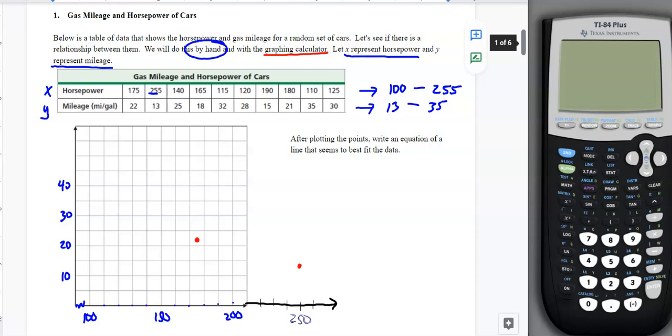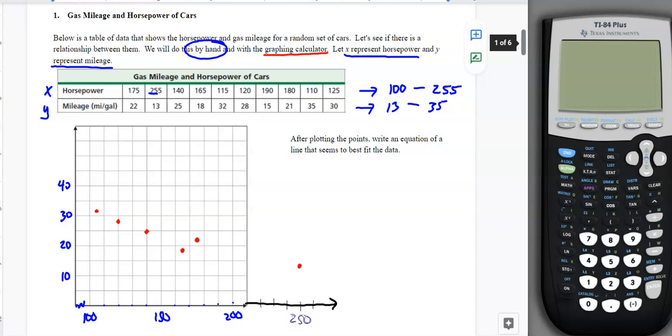So that might be around in here somewhere. 140 to 25, that's right perfectly there. 65 and 18, which would be in this area. 115 and 32, maybe right up in there. 120 and 28, 120 and 28 will be right in here.